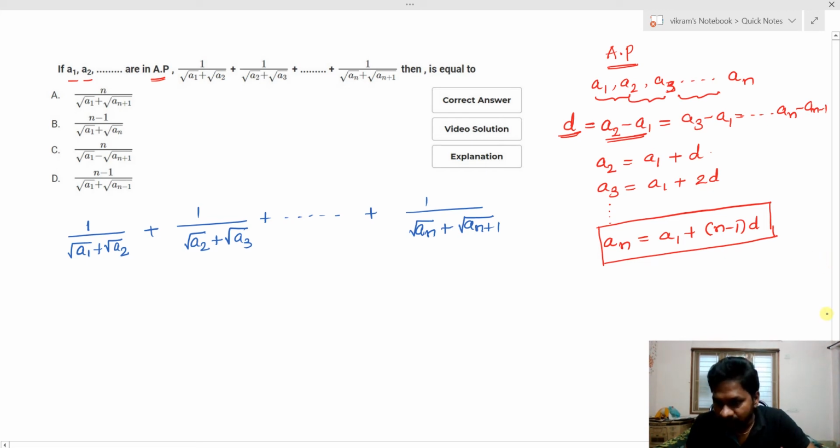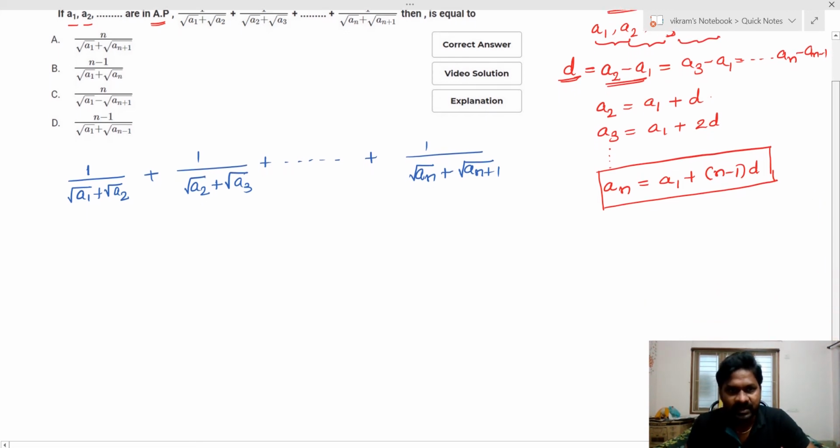This can be solved by rationalizing the factors. Now we know that in this arithmetic progression a2 is greater than a1 and a3 is greater than a2.